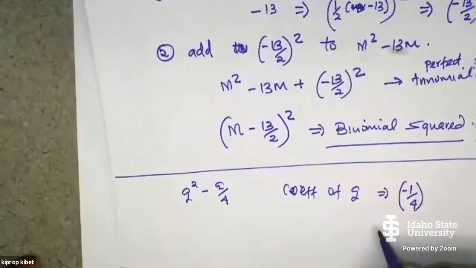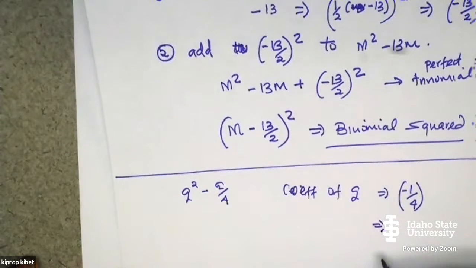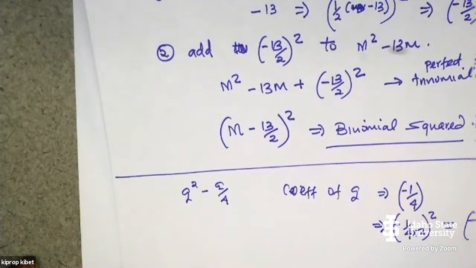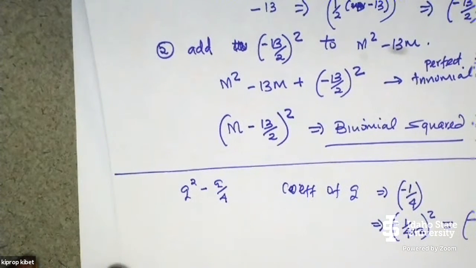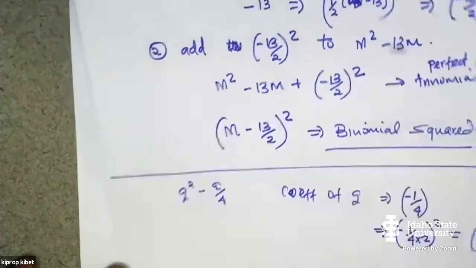Then we do what? We halve it, right? We take half and then we square. Half of negative 1/4 is multiplied by 1/2, and then we do the square, which gives negative 1/8 squared.